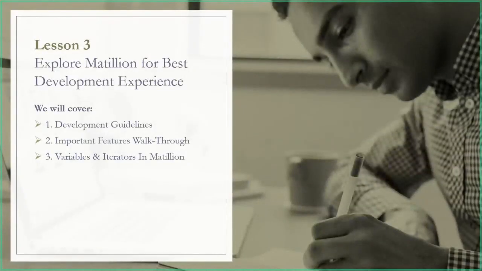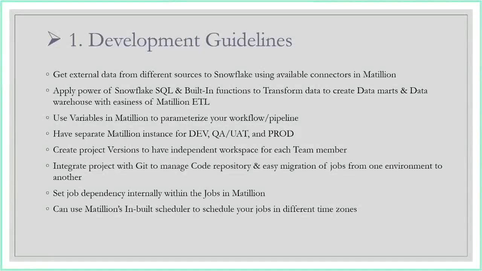Now, today we'll first walk you through some of the development guidelines. These are the guidelines that we have already seen, but I will just read it out so that you can relate these. Okay. So regarding the development guidelines, what Matillion says is to get the external data from the different sources to Snowflake using available connectors in Matillion.